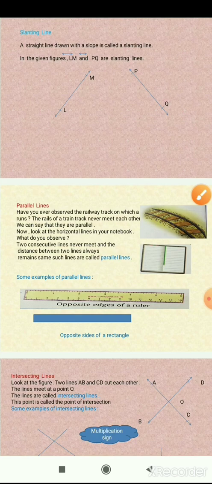Another example is the opposite sides of a rectangle, and also the opposite sides of a square. These are parallel lines. In your daily life, you can see many examples of parallel lines.